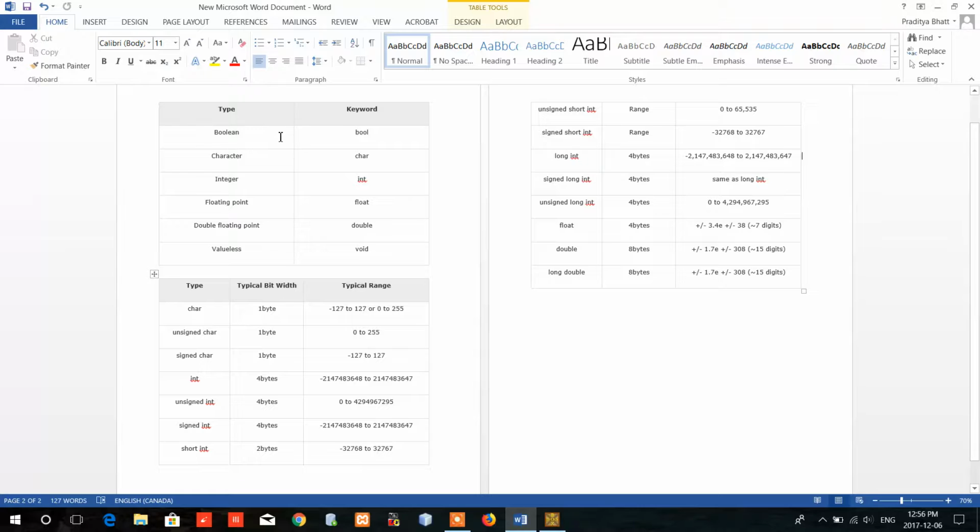The first one is Boolean, which is indicated by the keyword bool. The Boolean usually has just two values. It stores either true or false. There is no other possible value which it can be used for. The other one is a character, which is denoted by the word char.